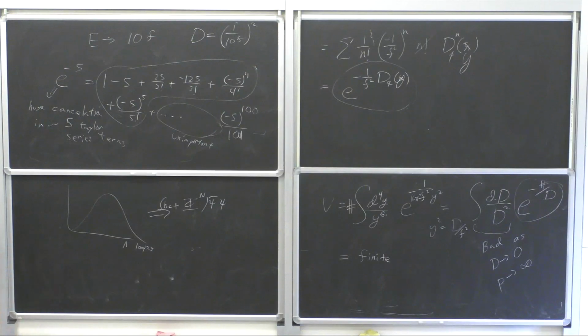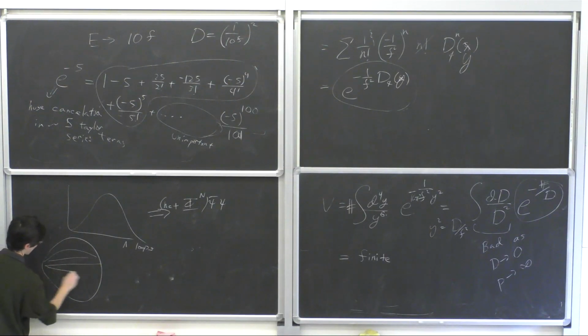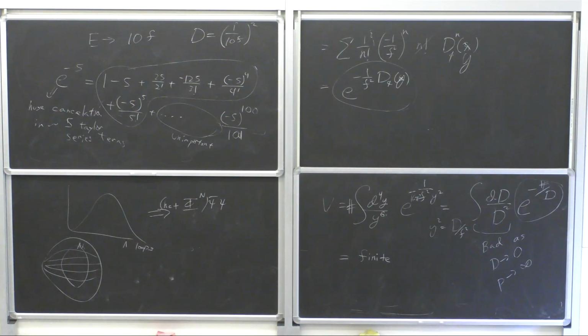The proper Coleman-Weinberg one-loop calculation involves n of these guys, right? And so what's happening is just perturbation theory is slowly itching towards getting n of these guys and intermediate states.